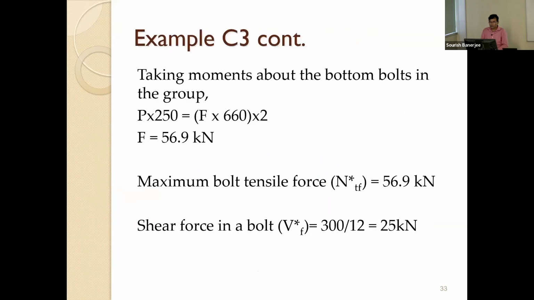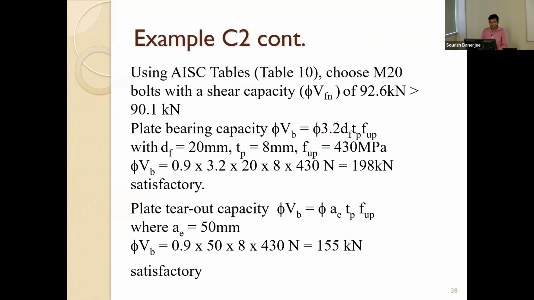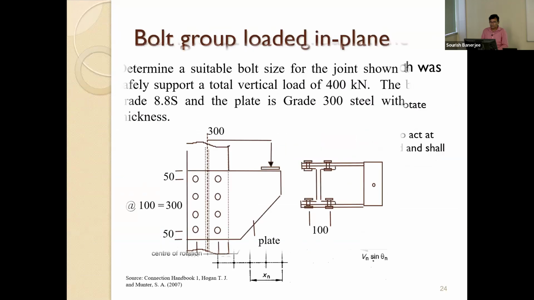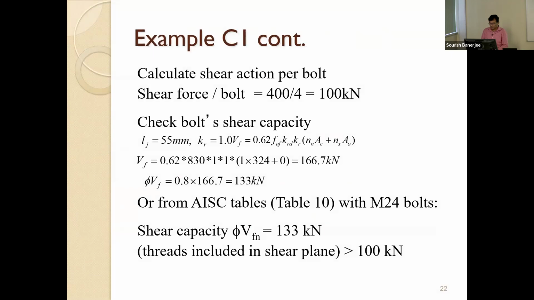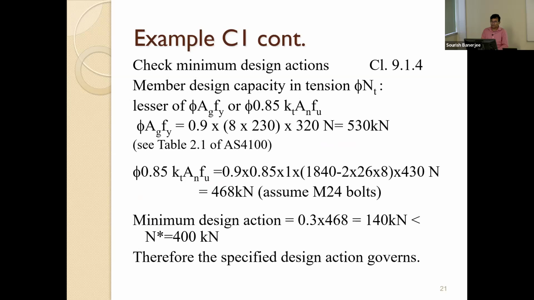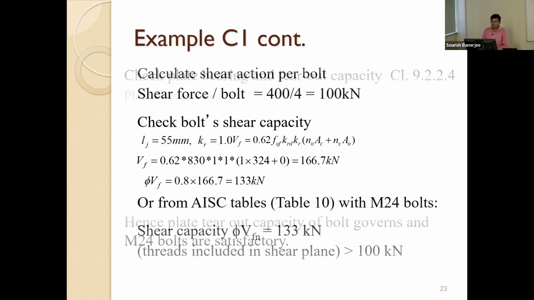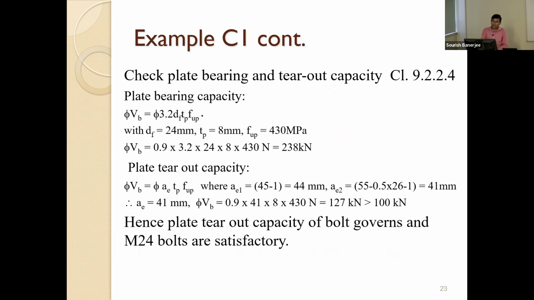So if you quickly look at the factors here, for the bearing plate we have these three parameters: diameter of the bolt, thickness of the plate, and the maximum fracture stress, or what is called the maximum tensile strength of the plate.